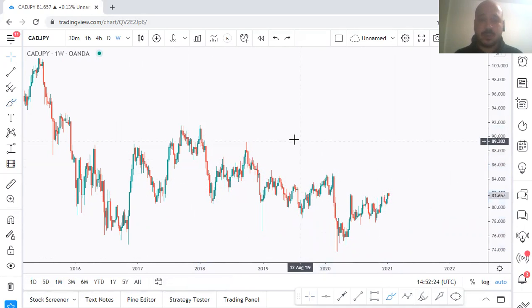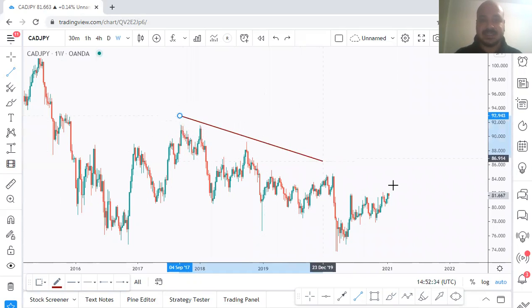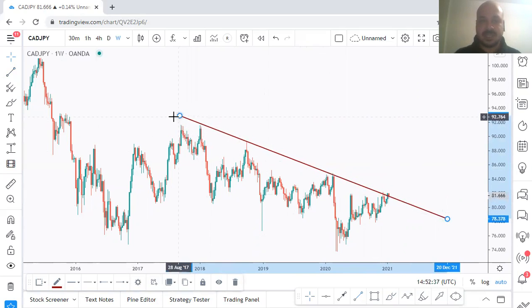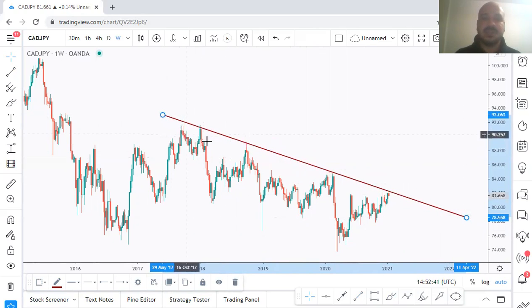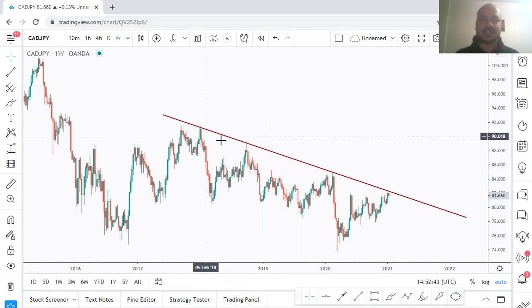And we try to identify the upper and lower bound of the range, what I call the outer trend line. In this case, it's a descending range, right? So as you can see, this one is currently trading below this trend line, which acts in our case as a non-horizontal resistance, right?